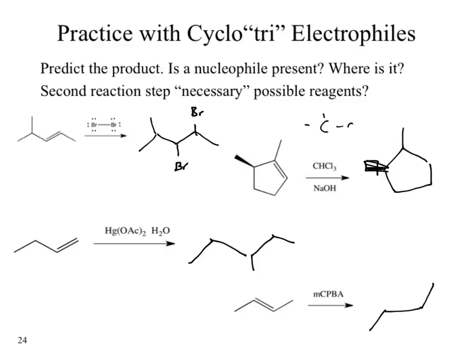We draw that guy out. What is NaOH? Strong base. What do bases react with? Hydrogens. What happens now? There's our really good leaving group. We get our cyclopropyl structure again.